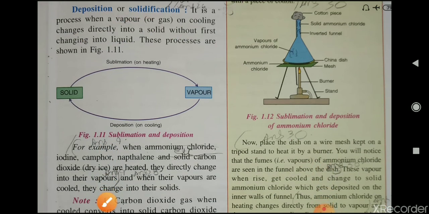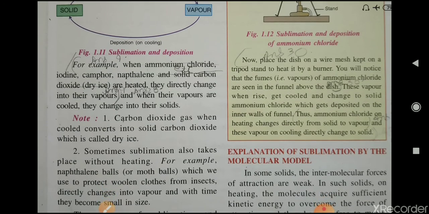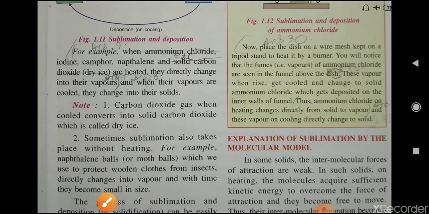For example, when aluminium chloride, iodine, camphor, naphthalene and solid carbon dioxide are heated, they directly change into their vapor, and when their vapors are cooled, they change into their solids.